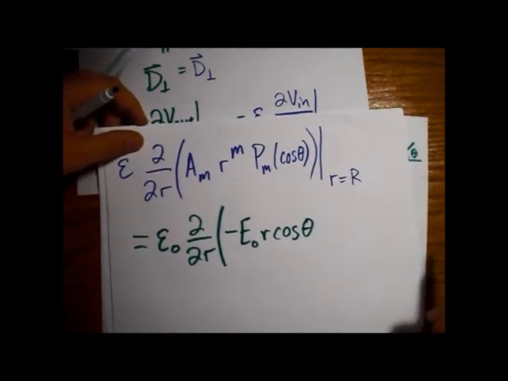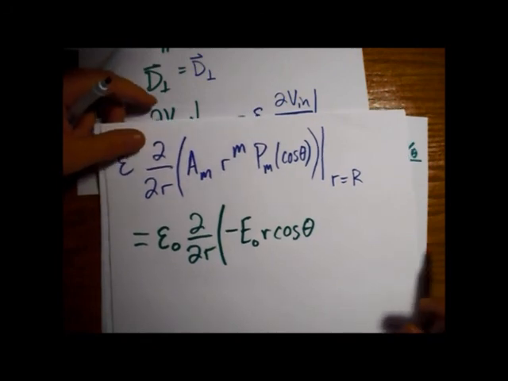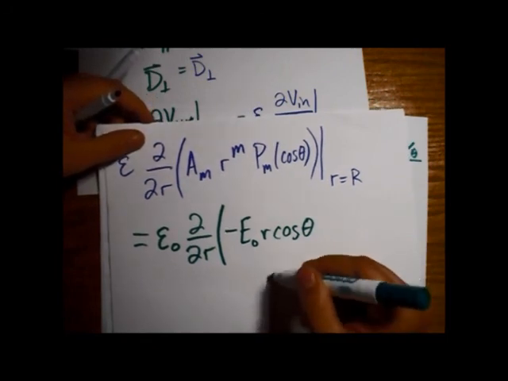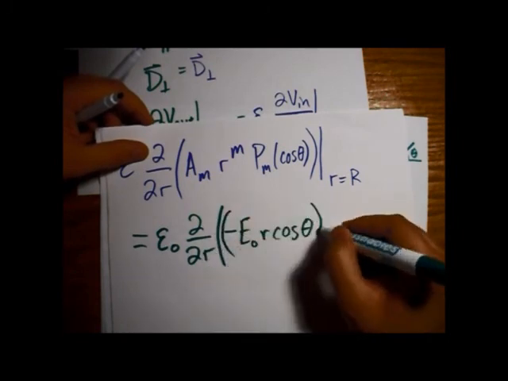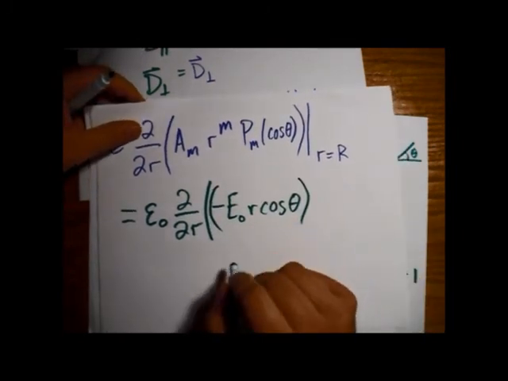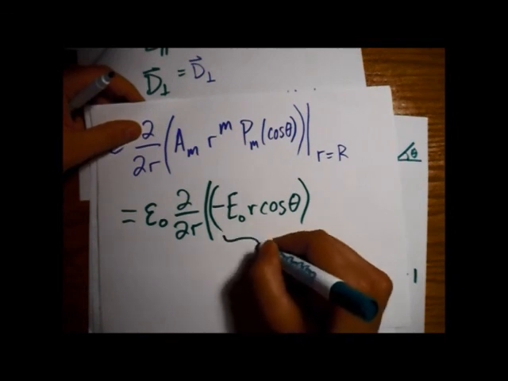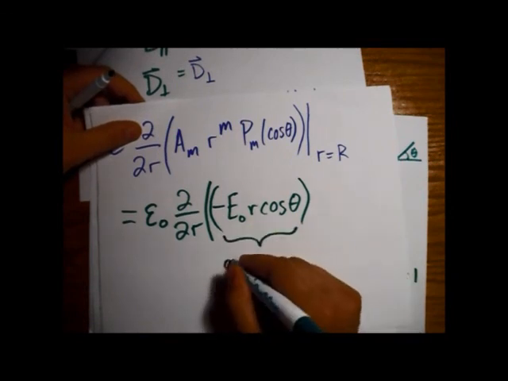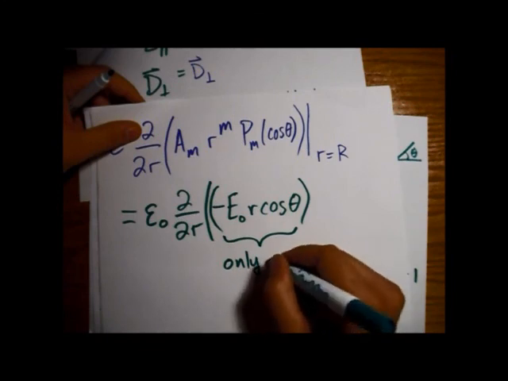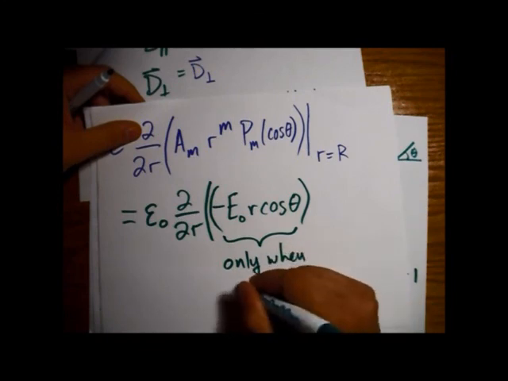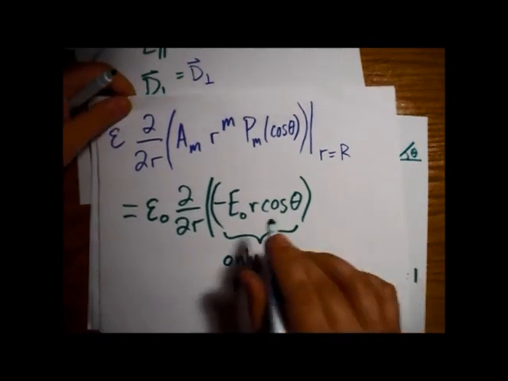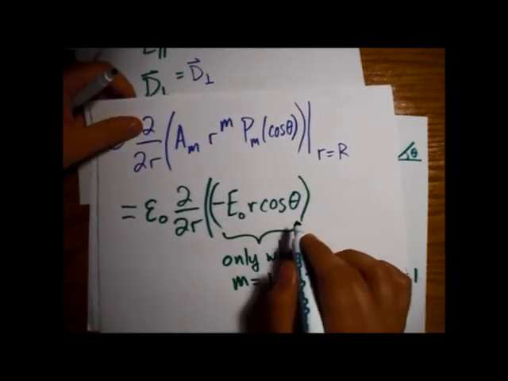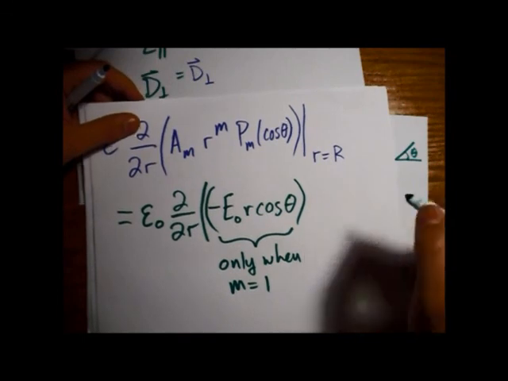And so this term is only there when, this is a really awkward way to write this, so sorry about that, only when m equals 1, okay? Otherwise this term is not there. Ugh, really awkward.